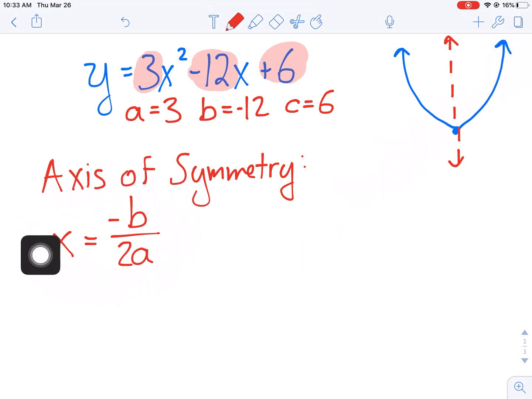So let's go back down to our formula. x equals negative b over 2a. I'm going to rewrite this formula, but instead of b, I'm going to put parentheses, and instead of a, I'm going to put parentheses.